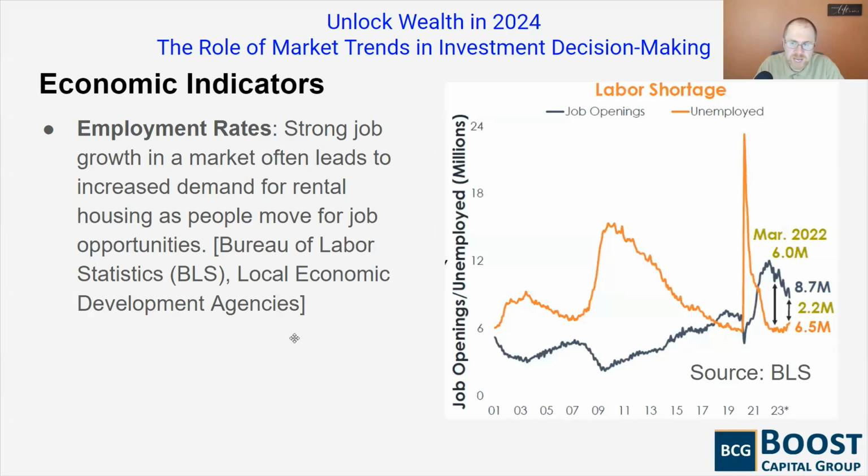Economic indicators, again, this is national information, but you will certainly want to check that at the local market. Employment rates and creation of jobs are going to drive population growth in a particular market. So something to keep an eye on.